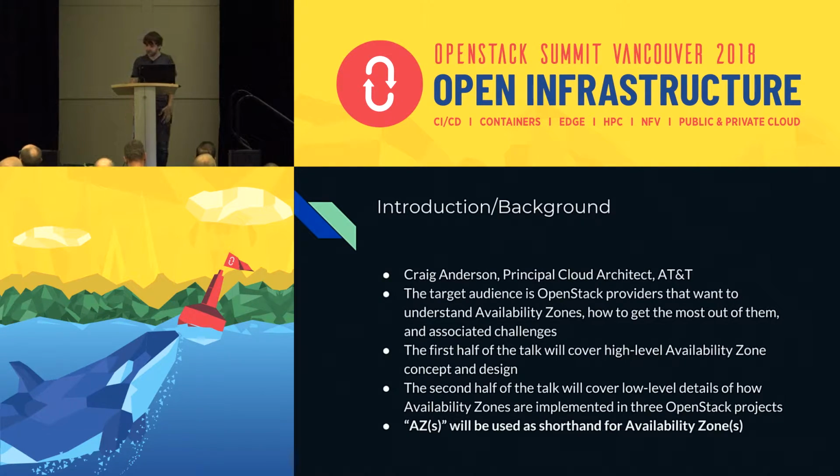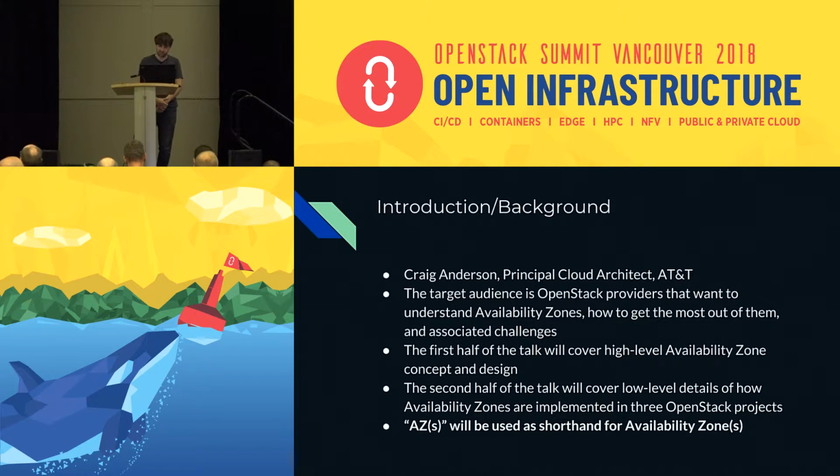The target audience of the session is OpenStack providers that want to understand availability zones, how to get the most out of them, and associated challenges. The first half of the talk will cover availability zones and the abstract, high-level criteria for designing and organizing them.